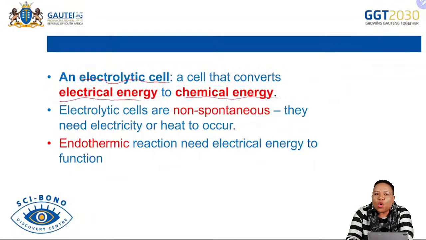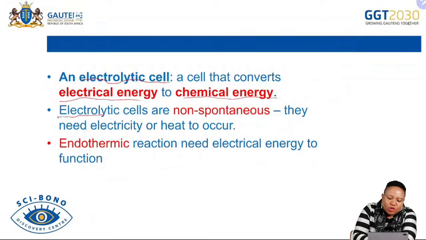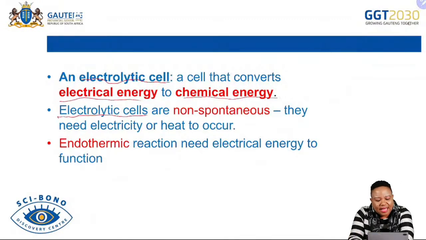So you need to know what type of energy conversion occurs in each and every electrochemical cell. In this case, we are going to look at a cell where we use electrical energy to form chemical energy.